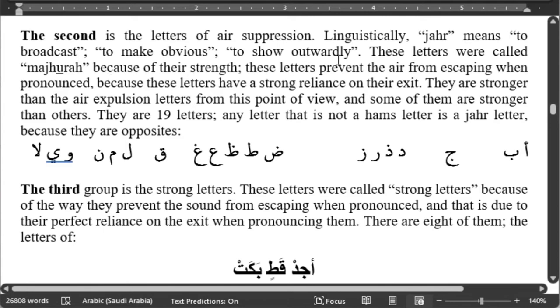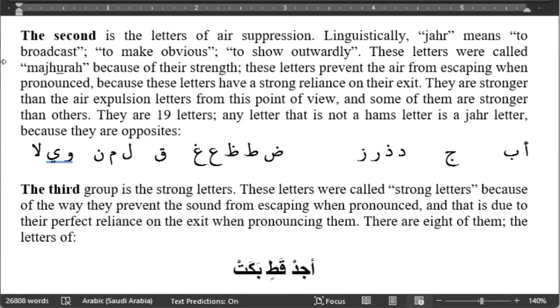The second is the letters of air suppression. Linguistically, jahr means to broadcast, to make obvious, to show outwardly, or to display. These letters were called majhura because of their strength. These letters prevent the air from escaping when pronounced.